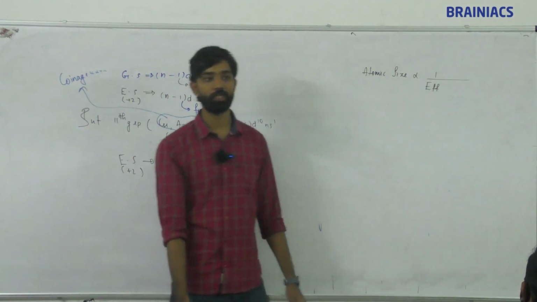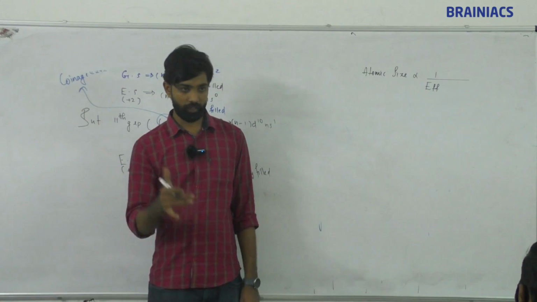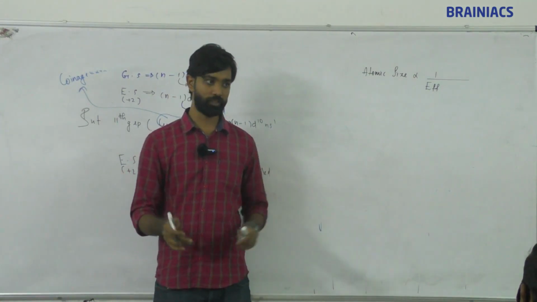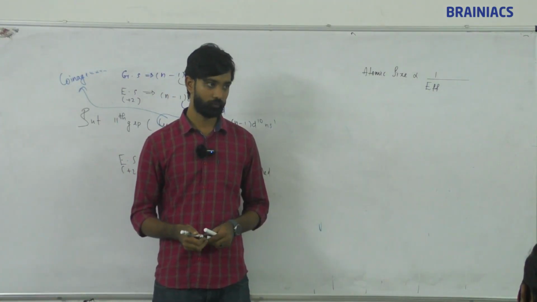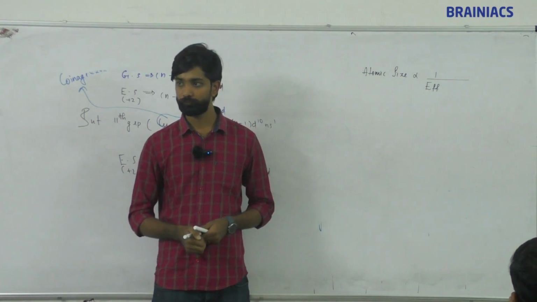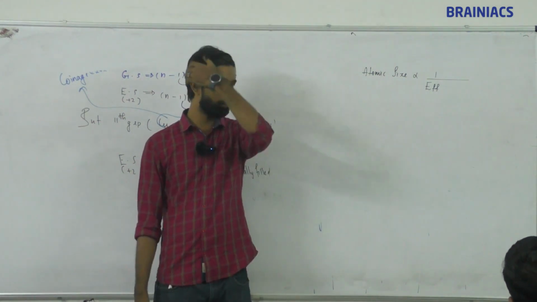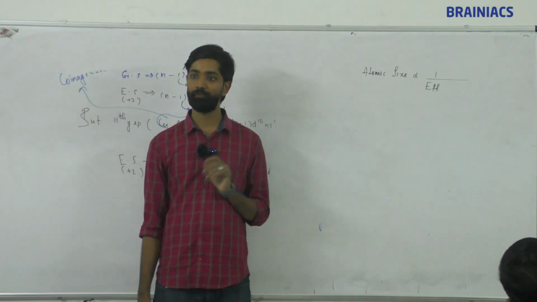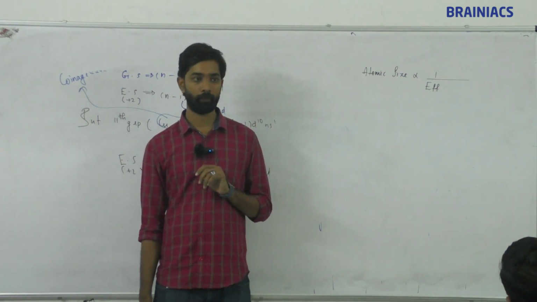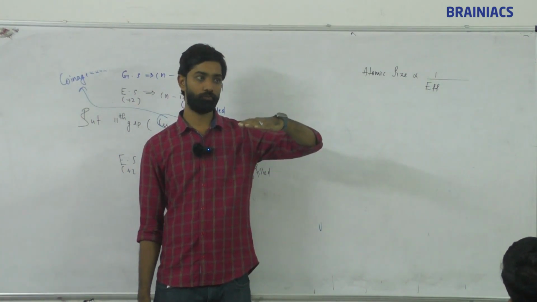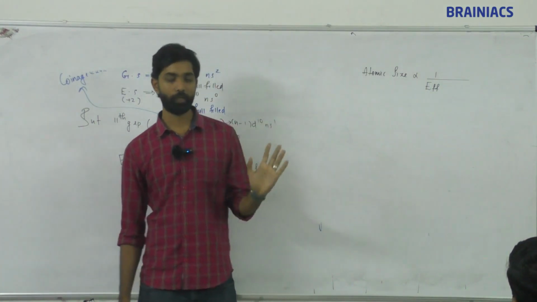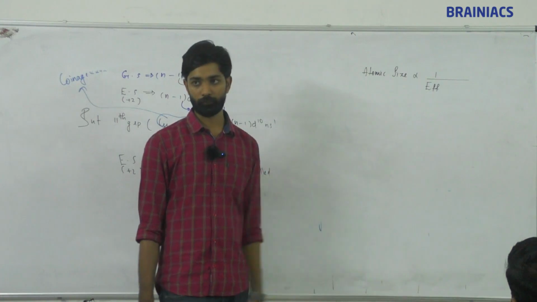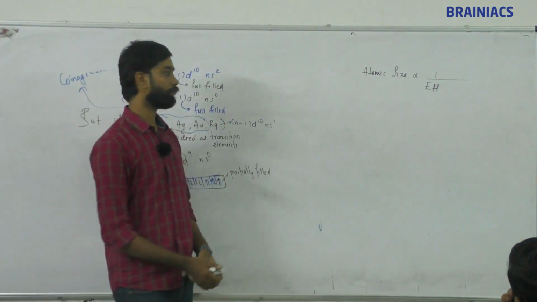What do you mean by effective nuclear charge? It is the nuclear charge after considering the screening effect. Are you familiar with the screening effect? What do you mean by screening effect? It is the shielding of the inner electrons on the outer ones. Okay, listen.